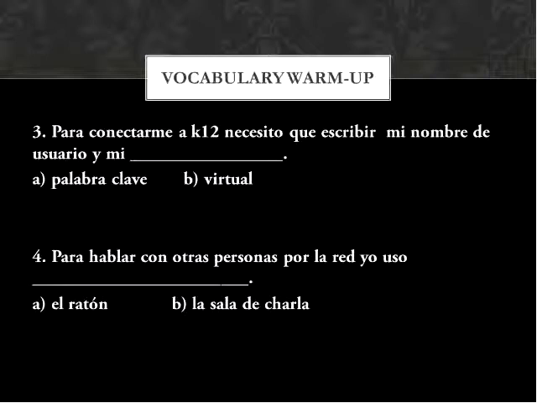Okay. Por la red, so that's part of your vocabulary too. You should know what that one is if you look in here. What is la red? Same thing as, yes, internet. So for you to be able to communicate with other people on the internet, what are you going to use? El ratón o la sala de chat? What's el ratón?